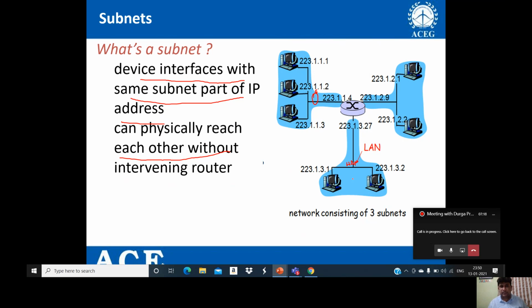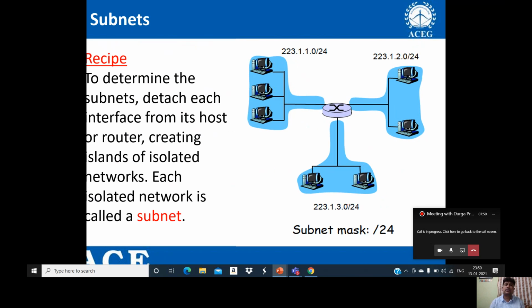Is it clear? Device interfaces with the same subnet part, as I mentioned, we are calling this subnet 1, and the subnet part is common to all the devices in that subnet. The variable portion is called the host ID part. Clear with it? In this example, this is subnet 1, 2 and subnet 3. Now we would like to extend our discussion of this subnet to the slide.